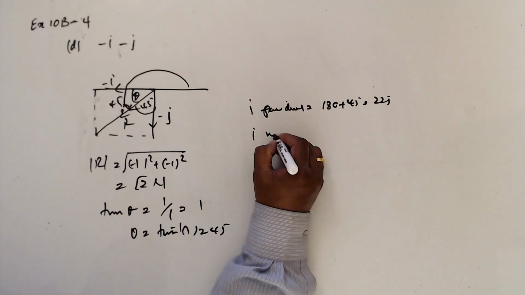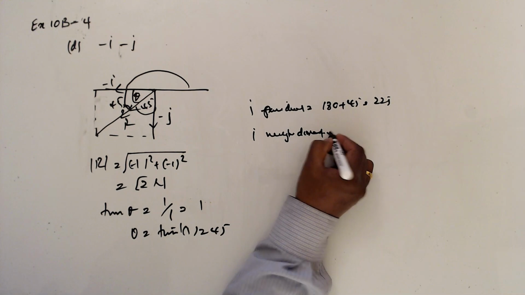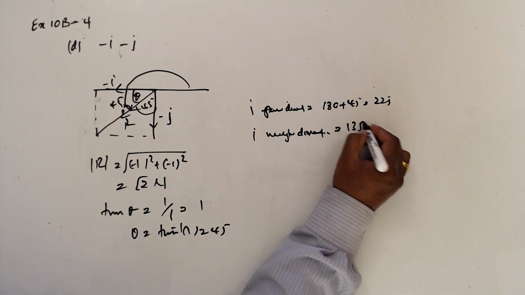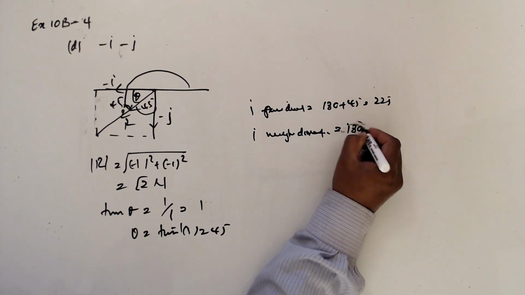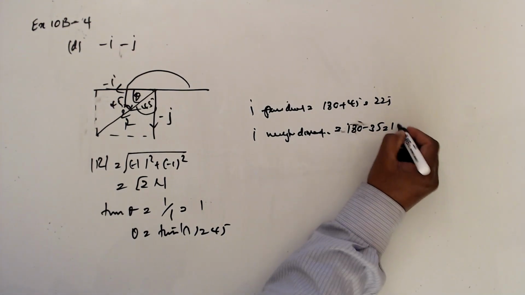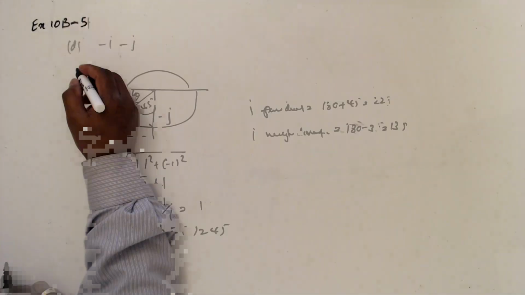With the i negative direction, 135, 180 minus 45, if you measure from here.